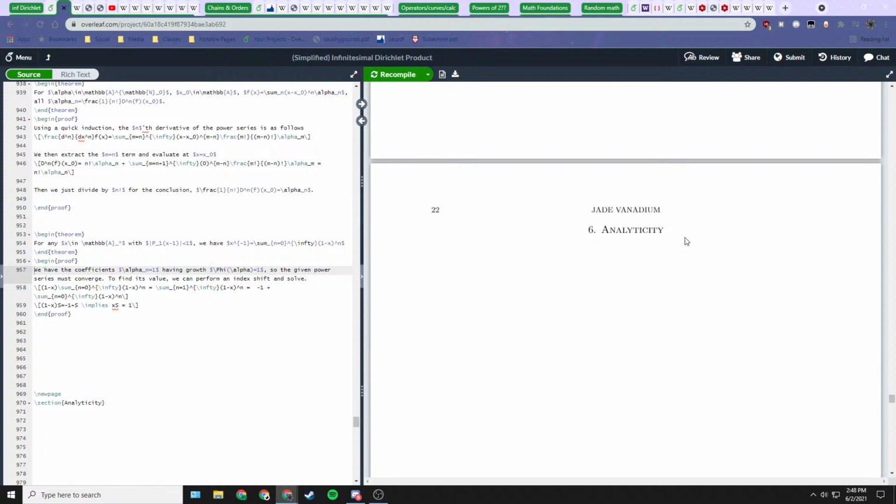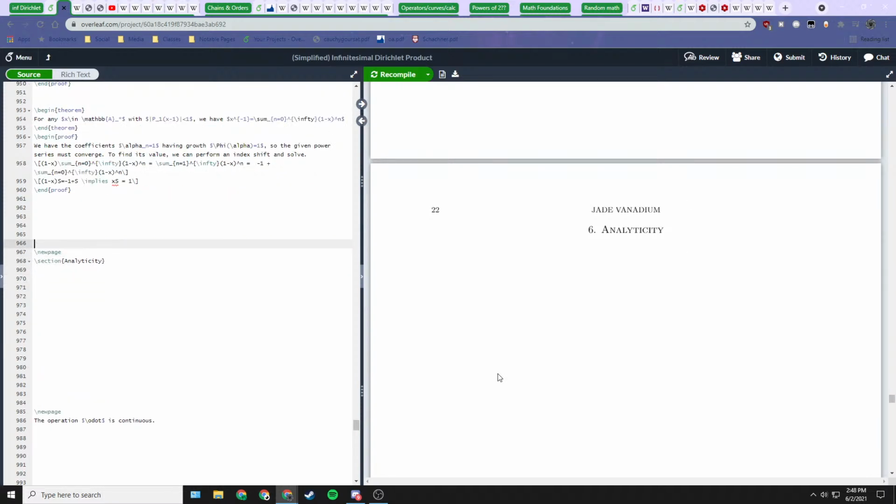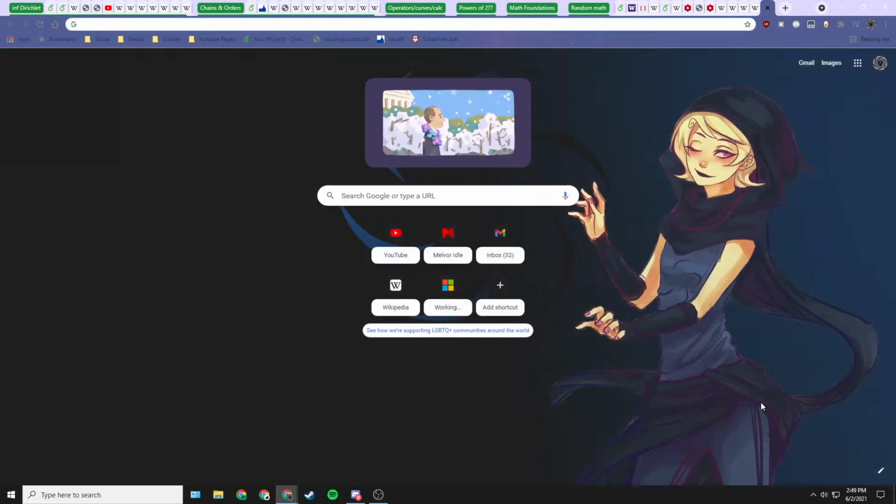Okay. So analyticity. What do we want to do here? I guess we'll present the definition for analyticity. A function f mapping S to A is said to be analytic when... let's try to follow convention, actually.